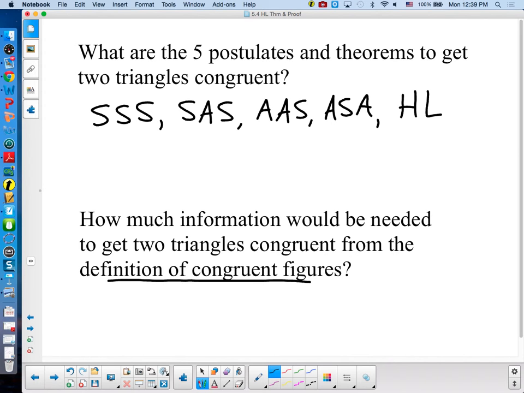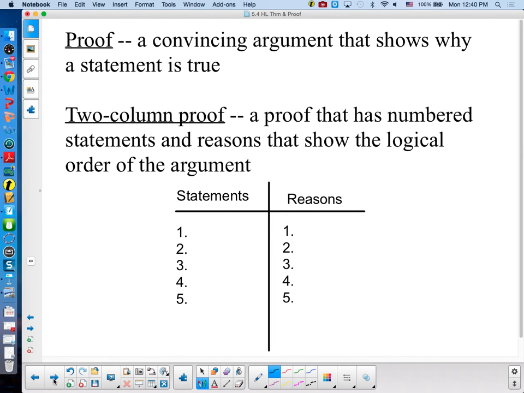So we would need 6 pairs of information. That takes a lot more pairing than the 3 things that we use here. Now I say 3, it looks like hypotenuse leg is only 2. But what's the 3rd thing you need to know about that triangle? You have to know it's a right triangle. Okay, but that's half as much as the 6 that we needed originally.